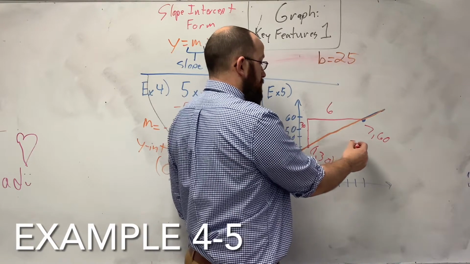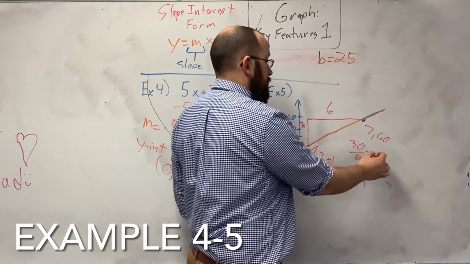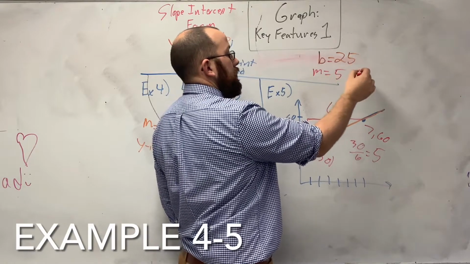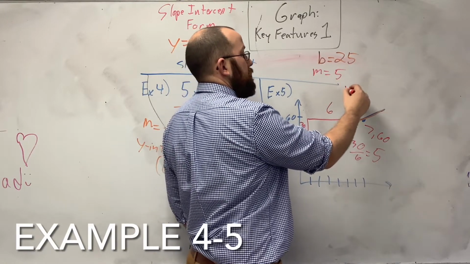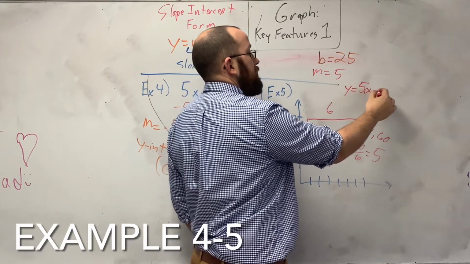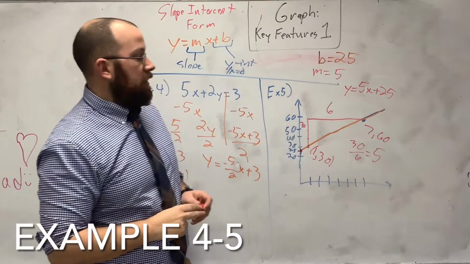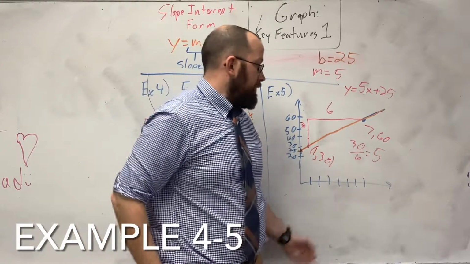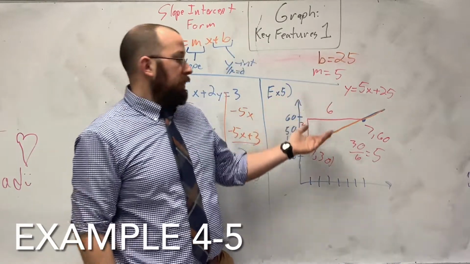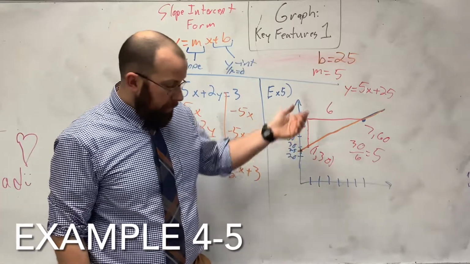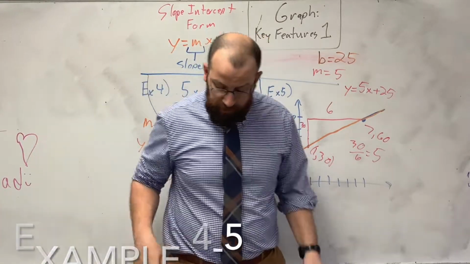So rise over run gives me 5. So my slope is 5. So it's y equals 5x plus 20. And there you go. It's really that simple. Did a rise over run, didn't really have to do any math. Looked at where my orange line crossed on my y-axis, and I was good.